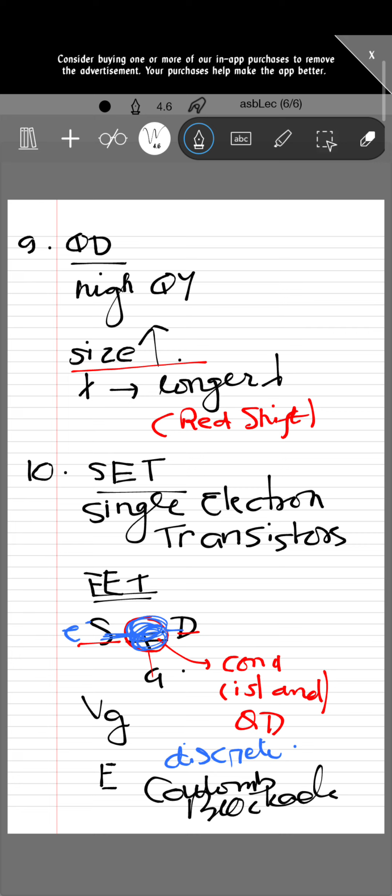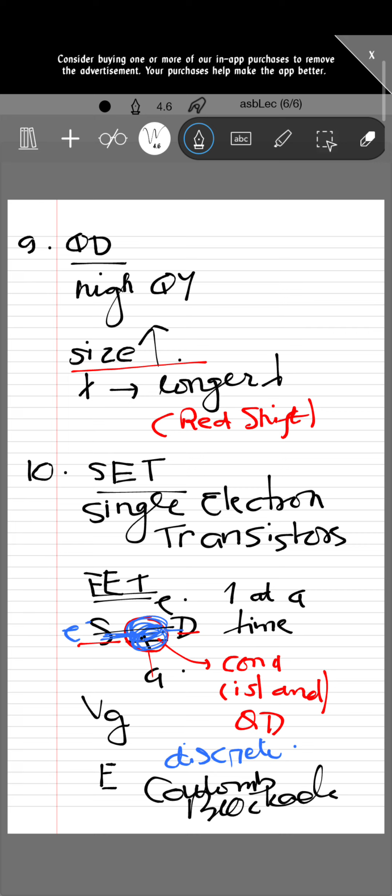The electrons usually tunnel through the barrier, and the tunneling of electrons takes place one at a time. It's not that all the electrons tunnel simultaneously. So say one electron has already tunneled.